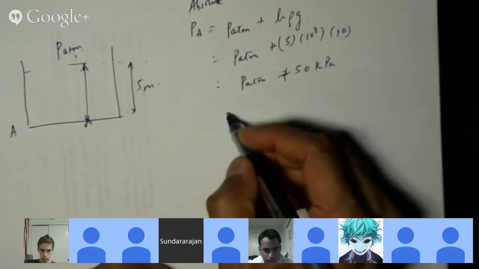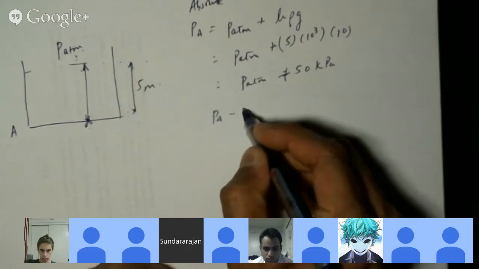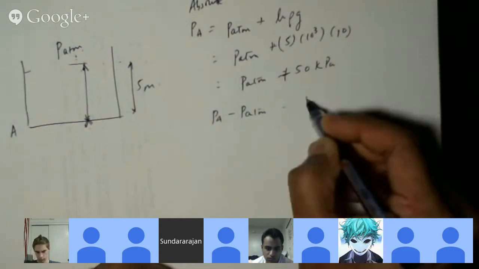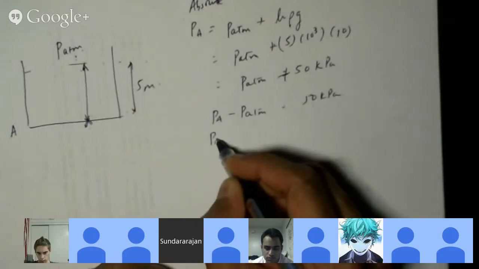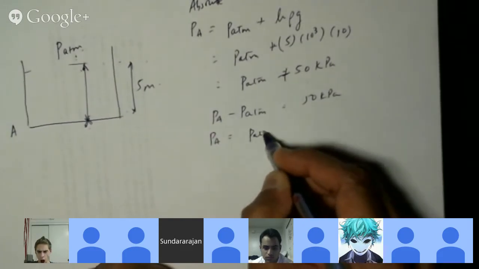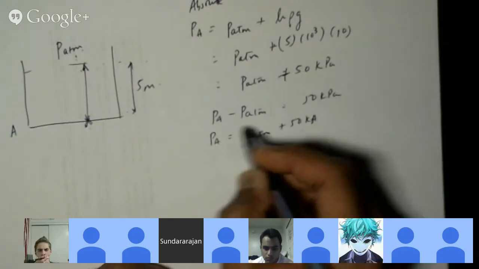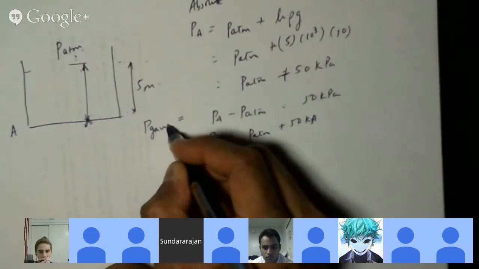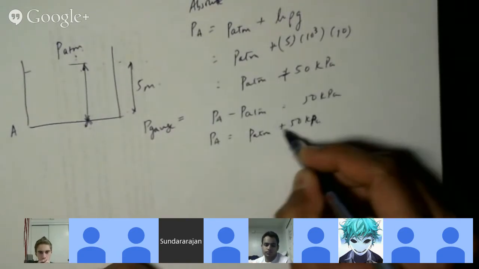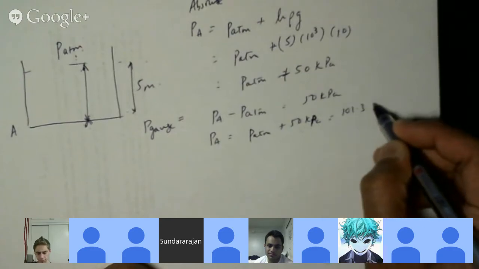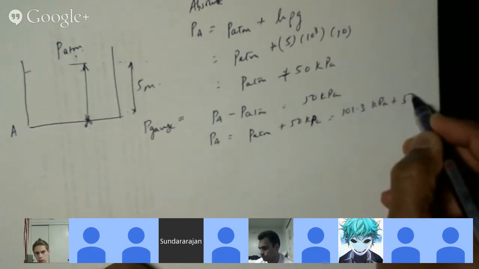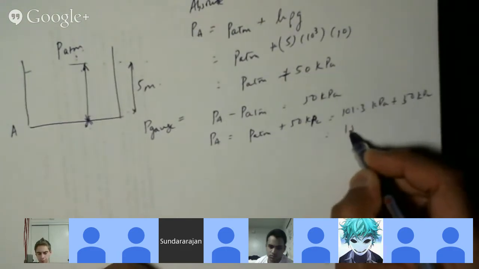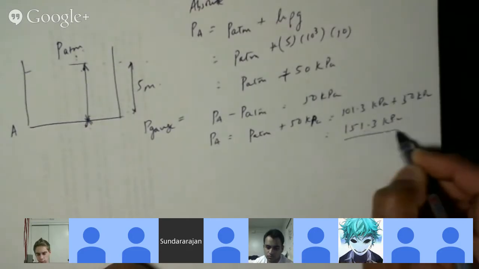If you wanted gauge pressure, it would simply be P minus P atmospheric, which is 50 kilopascals. If you want absolute pressure, it would be P atmospheric plus 50 kilopascals, which is 101.3 plus 50, so 151.3 kilopascals.